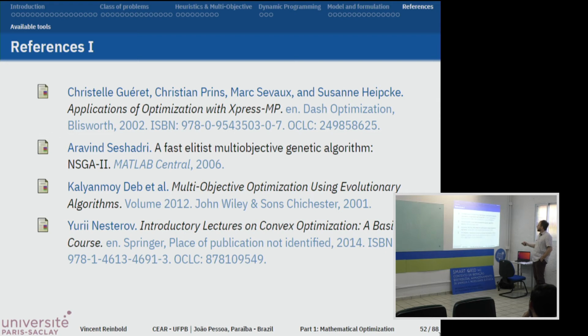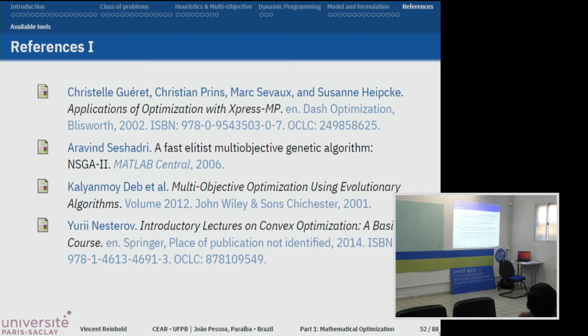There is a famous book of Deb here. Deb is actually the one that invented the NSGA2, the heuristic I told you about, based on evolution, the non-dominated sorting genetic algorithm. This is Deb in 2001.